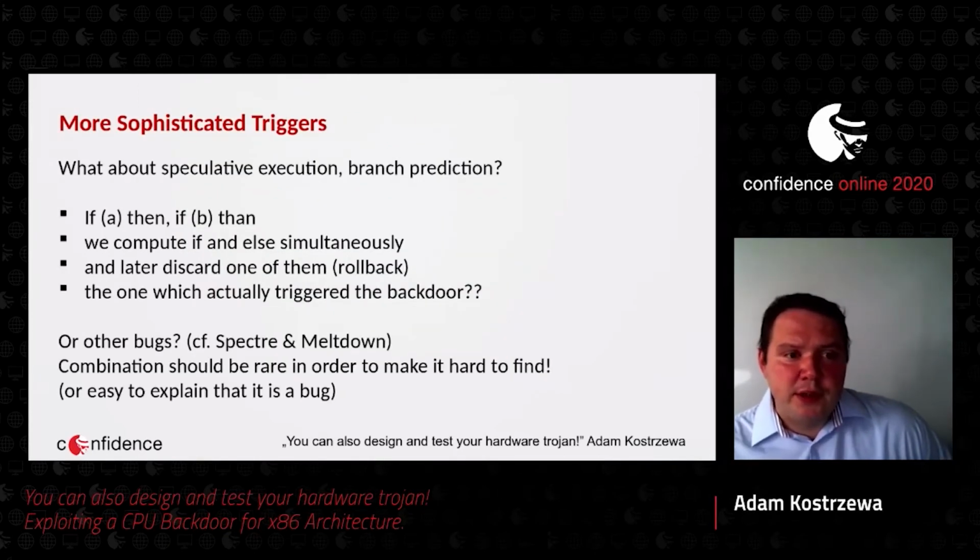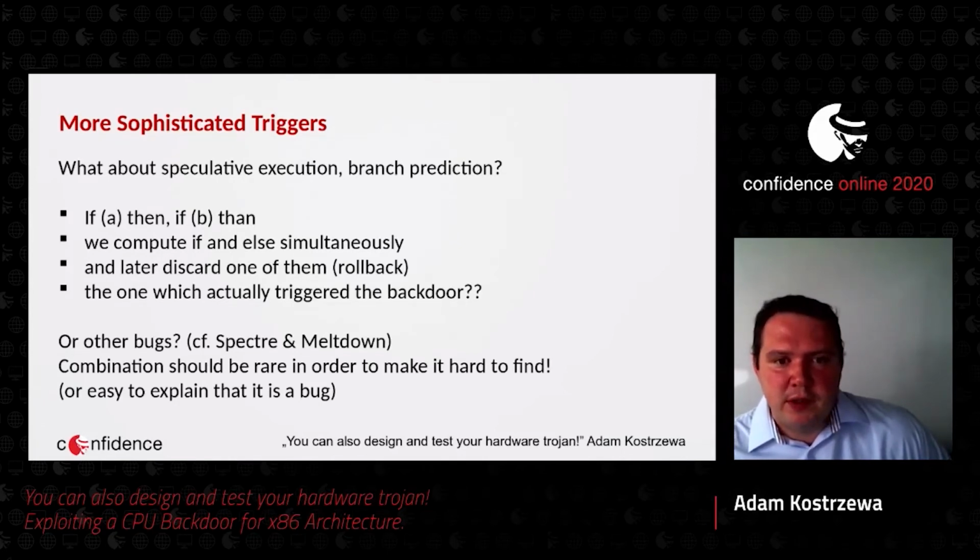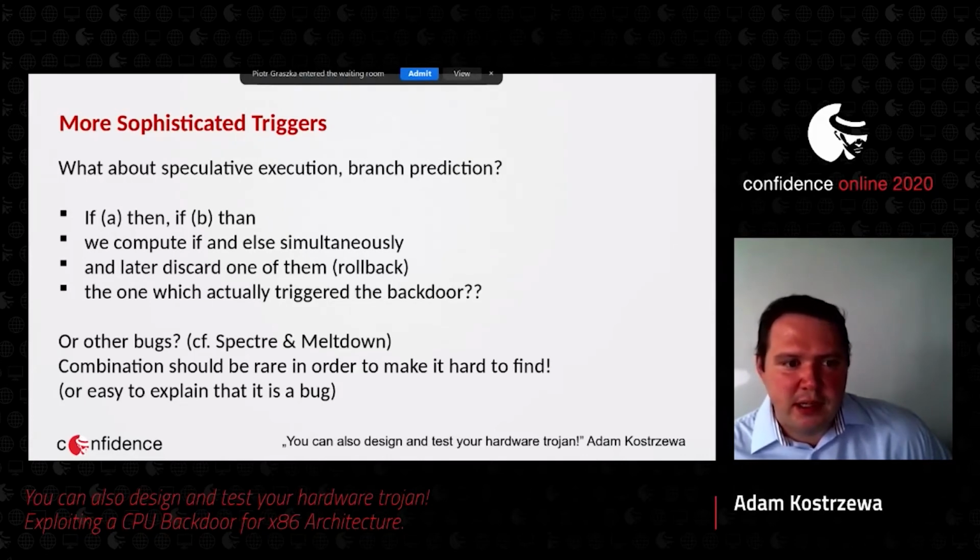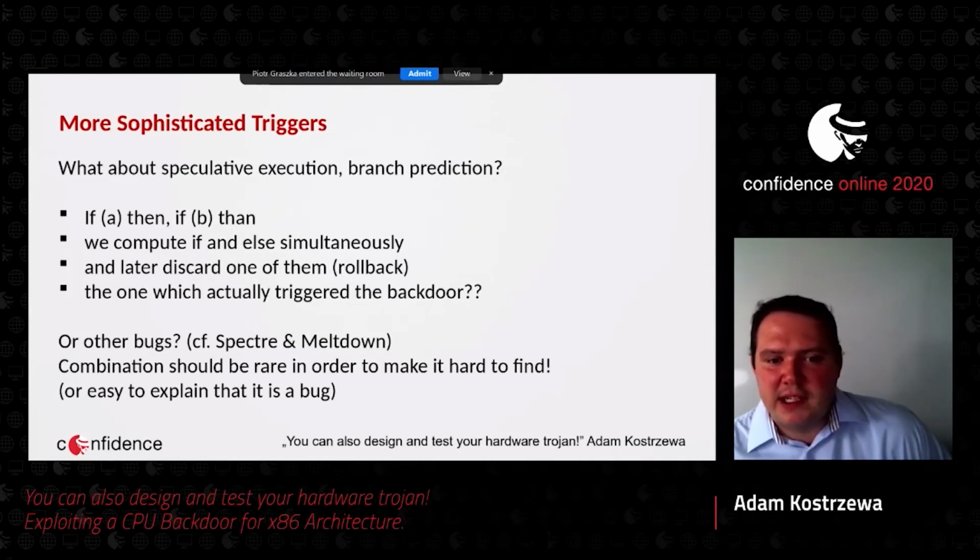But of course, you can use even more sophisticated triggers, for instance speculative execution or branch prediction. If our processor supports branch prediction, then if you have some conditional statements, we can compute both simultaneously and later discard one of them and do the rollback of the one which was never used.